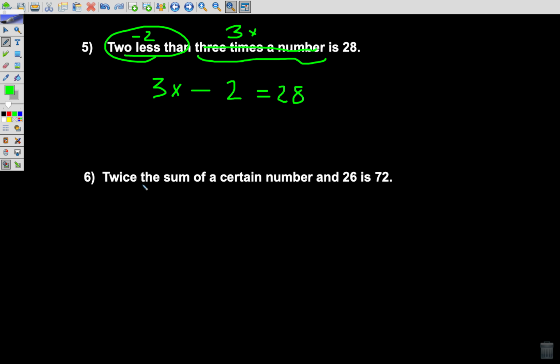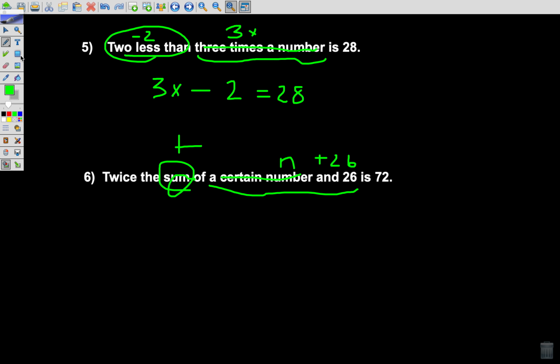All right, now we're going to look at twice the sum of a certain number and 26 is 72. Sum means plus, we're going to be adding something. We add whatever comes after the word sum. So we're adding a certain number, n, and we're adding it to 26. So that is n and 26, there is our sum.